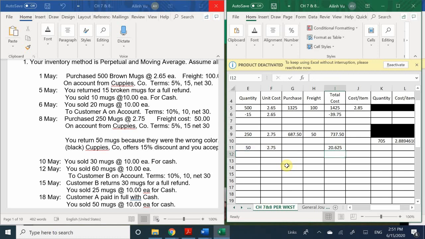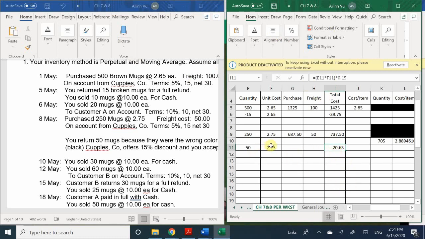And what I'm going to get here is, okay, this is actually supposed to be negative right here. Yeah, 20.63. So let me make that adjustment. So then this shows as 20.63.